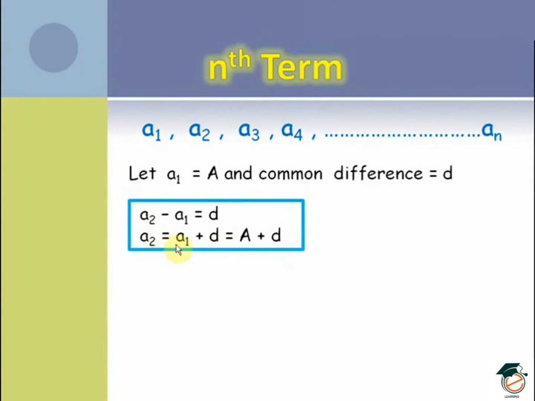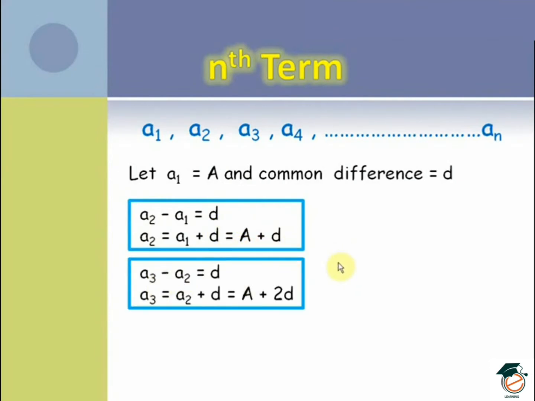So A2 would be equal to A1 plus D, which is A plus D. Similarly, A3 minus A2 would also be equal to D, so A3 would be equal to A2 plus D. Putting in the value of A2, we get A3 equal to A plus 2D.